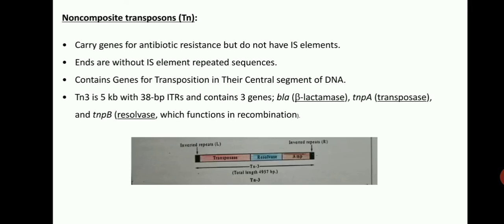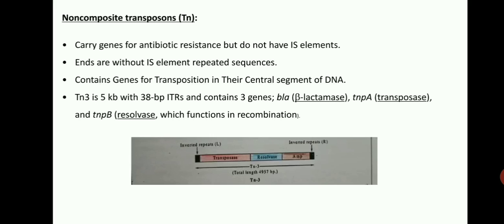Now let's discuss non-composite transposons. Non-composite transposons carry genes for antibiotic resistance but they do not have IS elements, meaning the ends are without IS element repeated sequences.